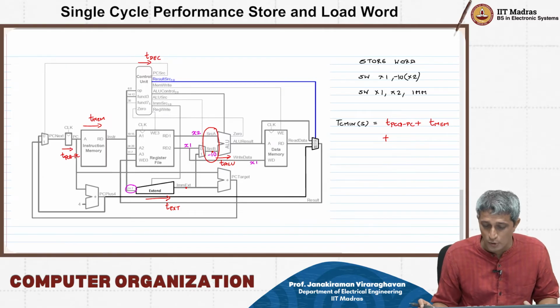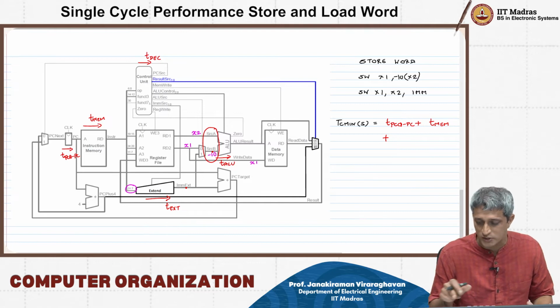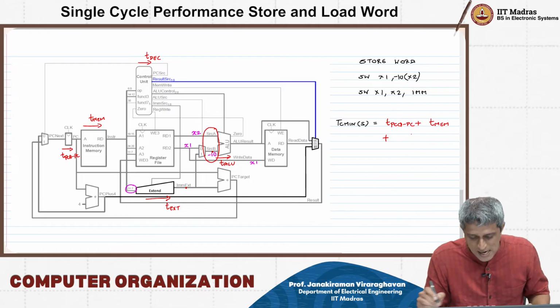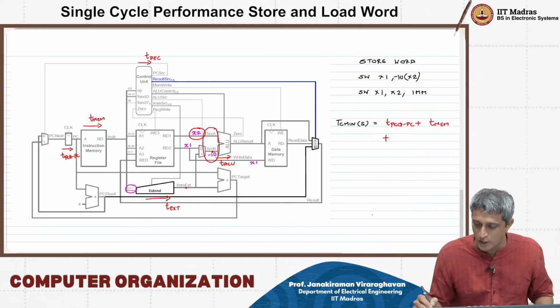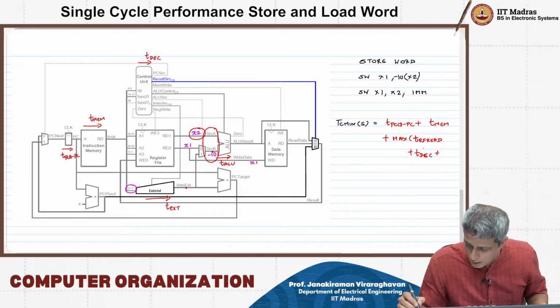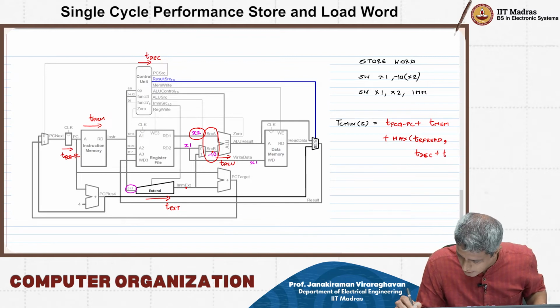It is therefore going to be this T decode plus T extend plus T mux, basically that is going to take its time there, right? And there is another operand which is coming from here, right? So therefore it will be just max of T RF read, comma, T decode plus T ext plus T mux.